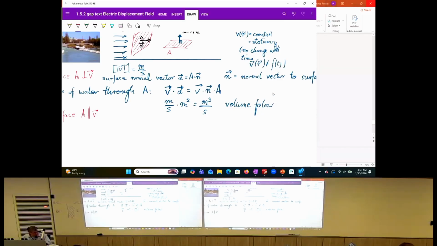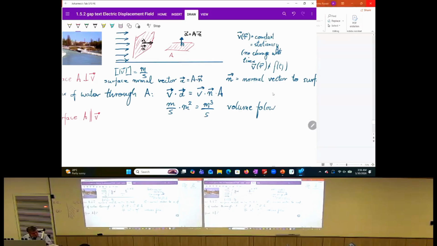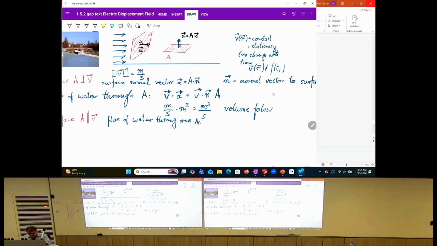So if you look at the flux of water through the area, then you obtain that just like before in terms of the formula. So this is again obtained from the velocity field and the surface normal vector, and we can write the surface normal vector as a normal vector and the area element.